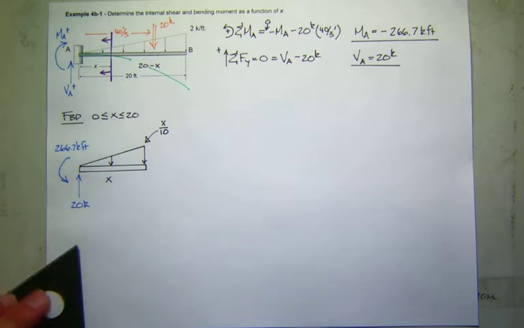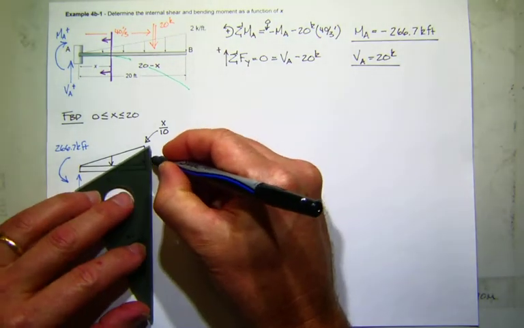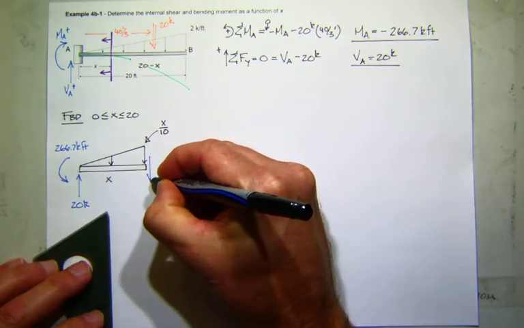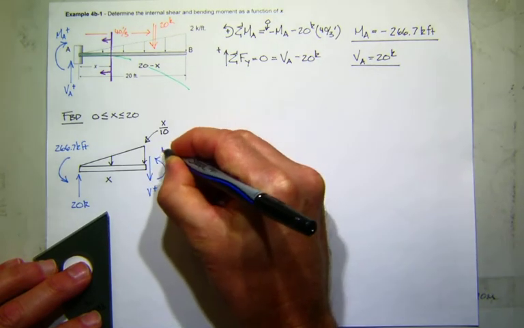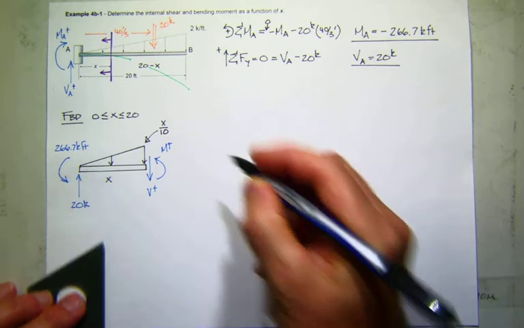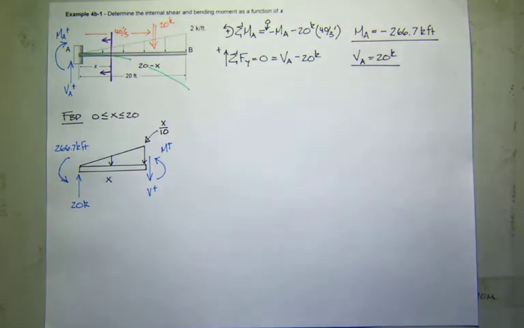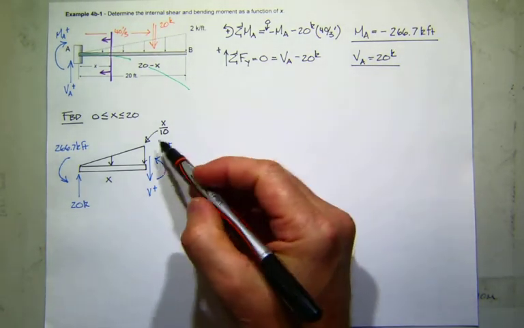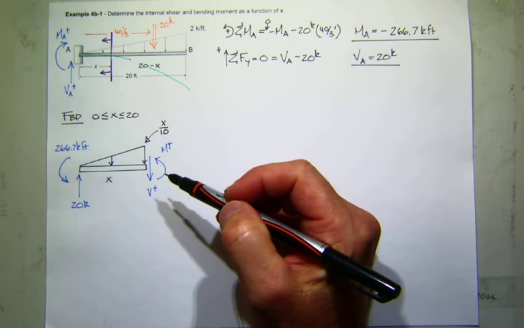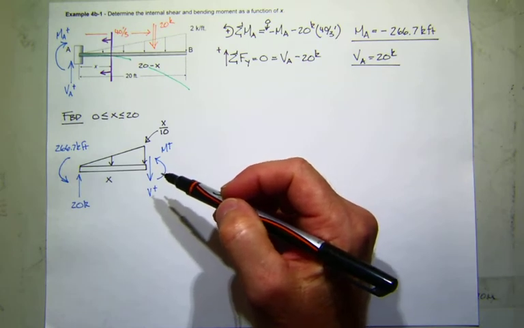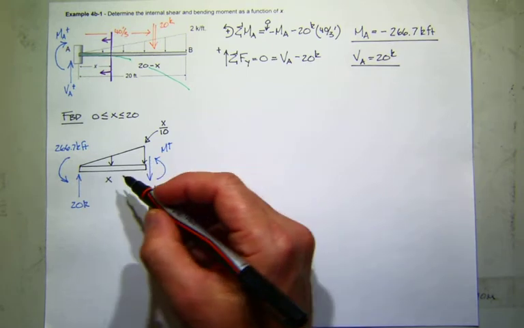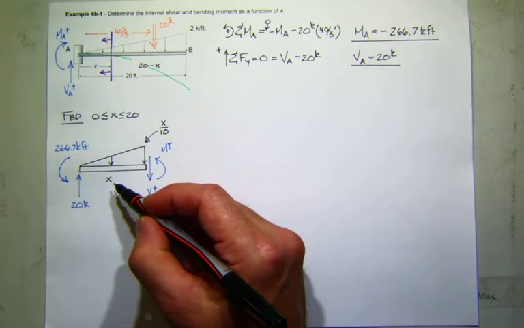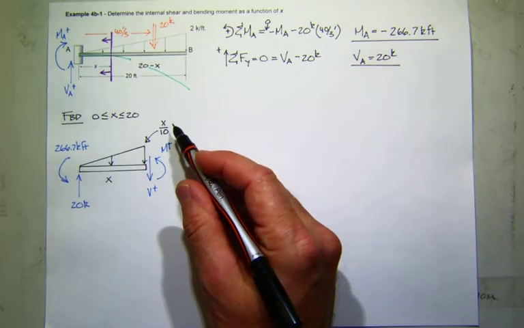So now I get to my edge that I cut, and I'll assume positive shear force and positive bending moment. Now, how do we handle a distributed load normally? We figure out the area. What's the area of a triangle? 1/2 base x times height x over 10.